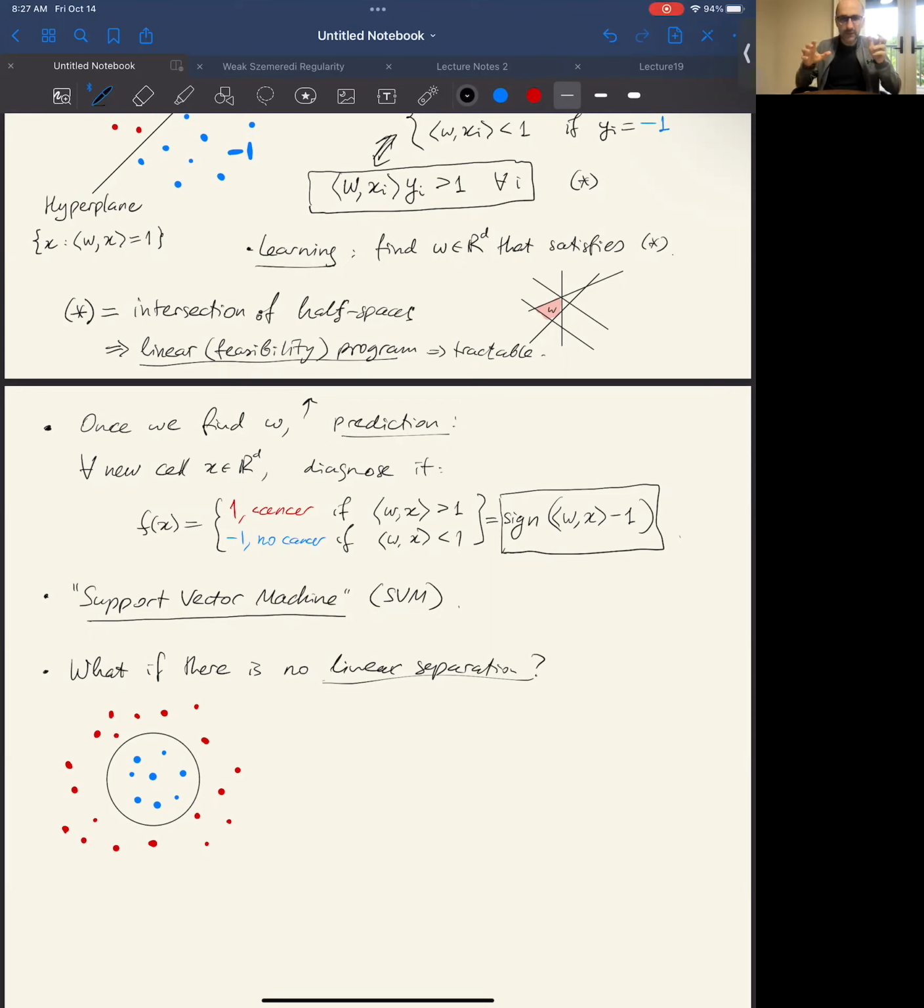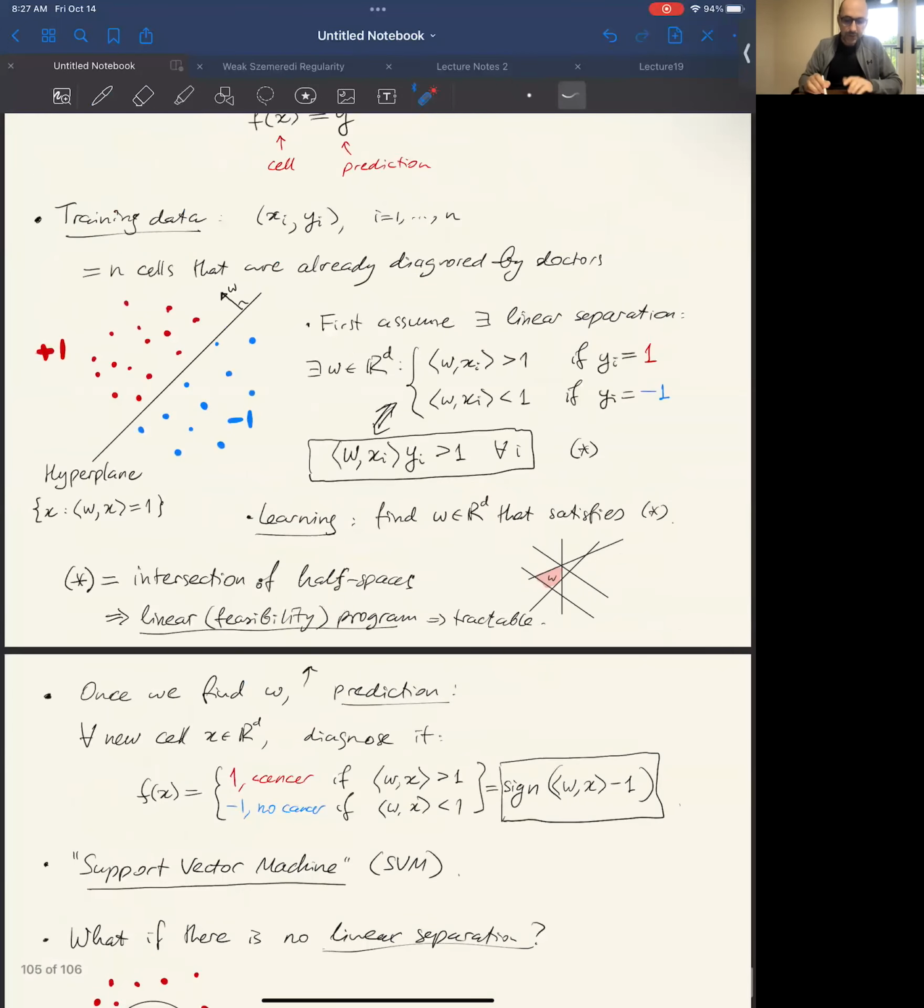One way is, all right, it's not separated by linear, but it's separated by, let's say, circles, maybe quadratic surfaces. So instead of making a linear model, which involves the linear products like Wx, let's include quadratic terms there. So let's just build a quadratic function in x and then find it.